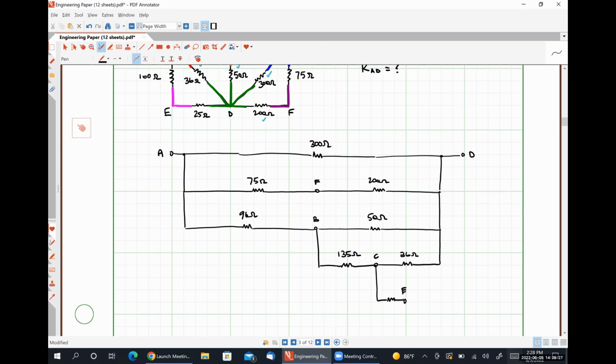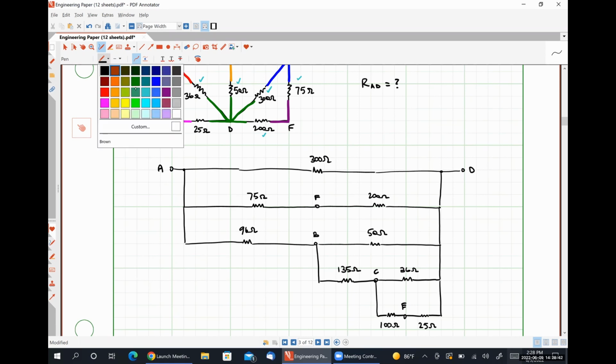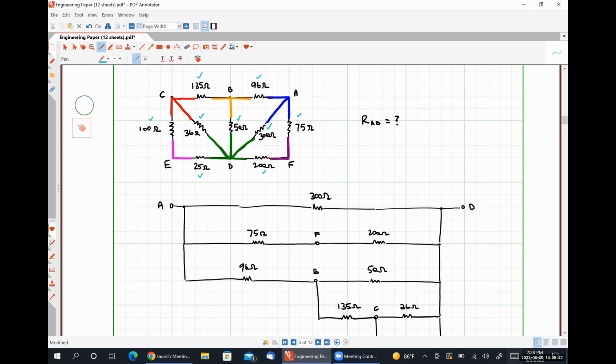To go from C to E, I go through the 100 ohm resistor. And then to go from E to D, I go through the 25 ohm resistor. If I'm not mistaken, all of my different resistors are accounted for.